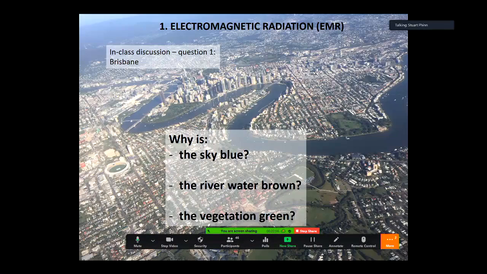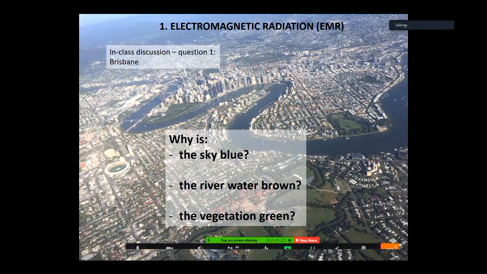Yeah, so it's scattering blue wavelengths of light. So what's scattering the blue light? Someone else, though. Cloud, smoke, what?